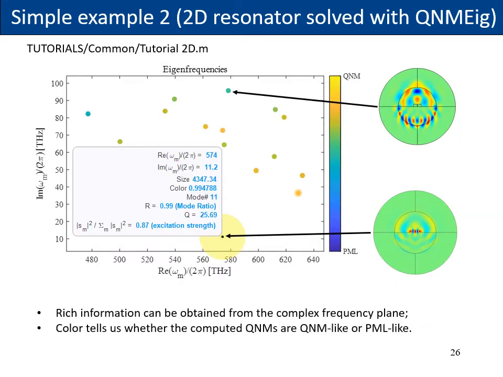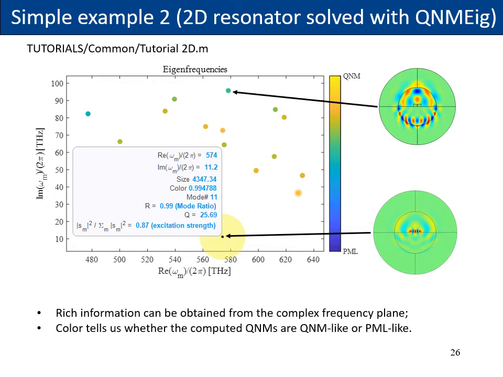So here I would like to show some results returned by the tutorial 2D program. Like the 1D example I mentioned before, the eigenfrequencies of the computed quasi-normal modes are shown in a complex frequency plane. Specifically, we have computed the mode ratio, which tells you whether the mode is more quasi-normal mode-like or PML-like.